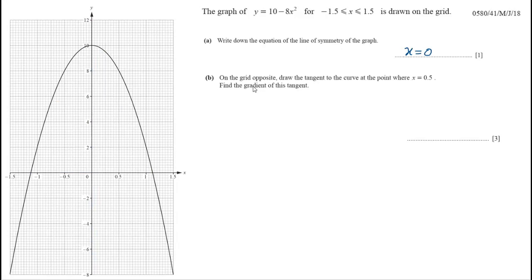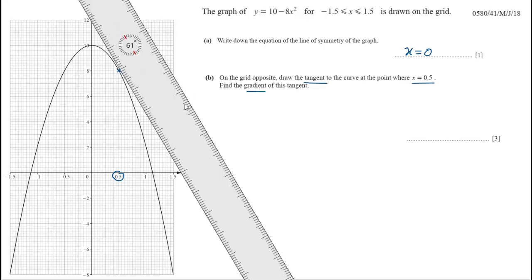On the grid opposite, draw a tangent to the curve where x is 0.5, and then find the gradient of that tangent. So this is x 0.5, and let's go up to the graph, and this is the point on the graph where x is 0.5. We have to draw a tangent over here.